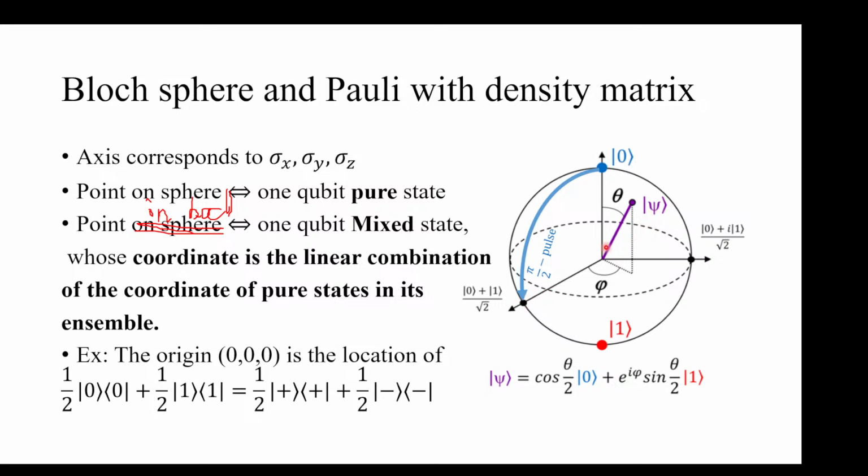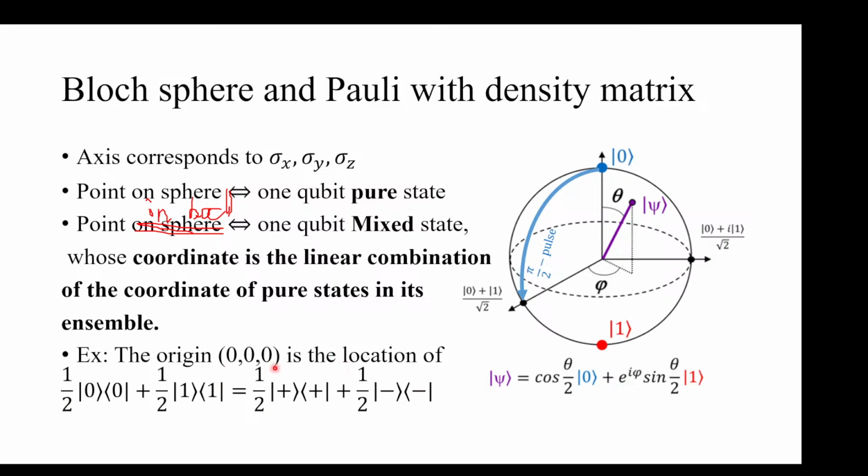The pure states have coordinates, and you mix them with probability, like averaging over the pure states. If you average the coordinates with the same probability, you get the corresponding mixed state.